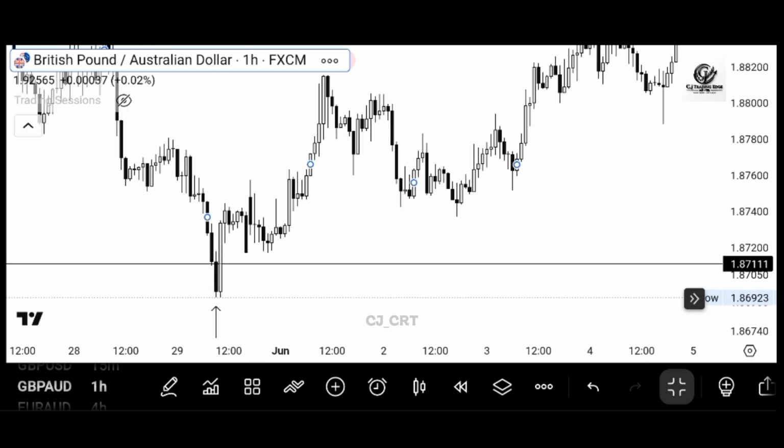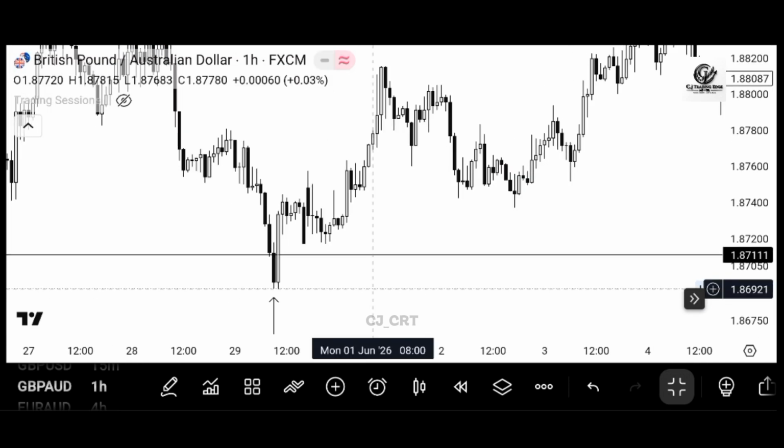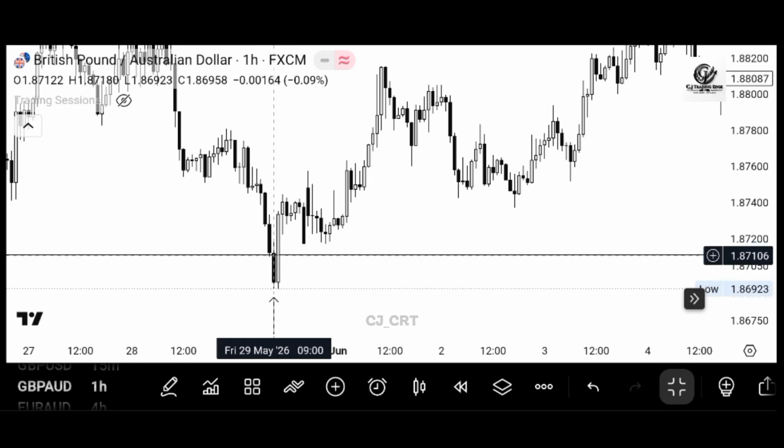So once that happens, you wait for multiple candles, one candle, any of them to close above this particular tick down close candle. Once that happens, you wait for a retest. And as you can see, this specific bullish candle closed above it.